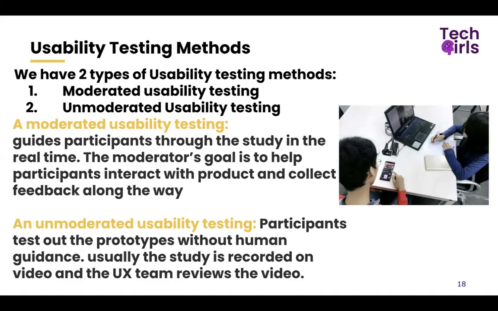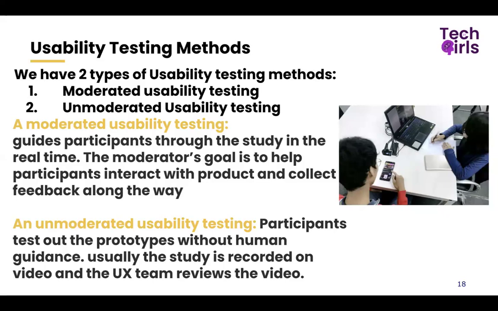In unmoderated usability testing, participants will test out the prototypes without any guidance. Usually the study is recorded. So you will record yourself using the product on video, and then the UX team will review the video to see if the person using it encountered challenges.